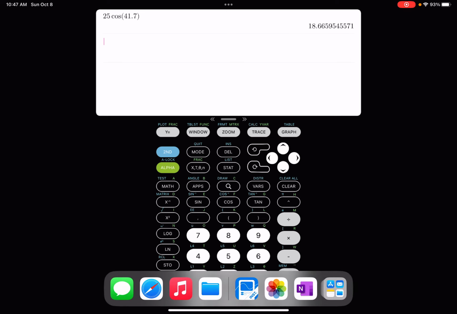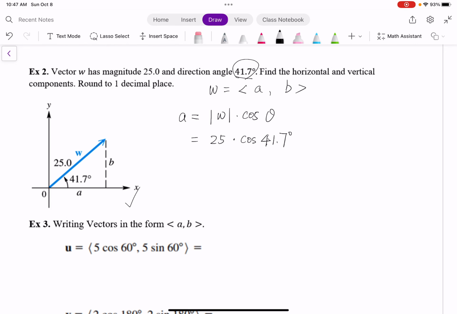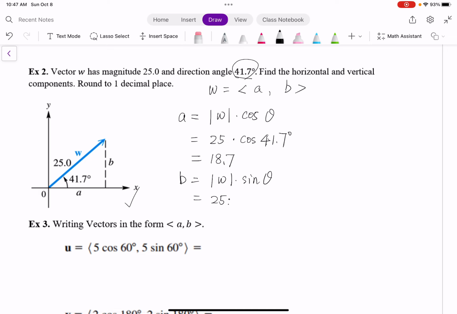And remember, this is the a component, the horizontal component, 18.7. And how about b? b equals magnitude of w times sine theta. So we have 25.0 multiplied by sine 41.7 degrees.